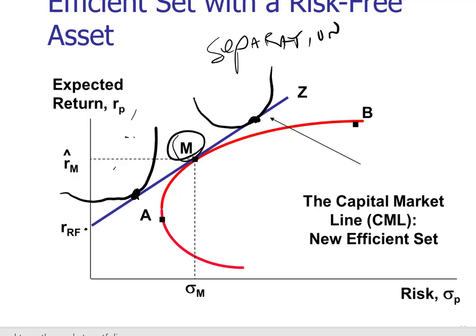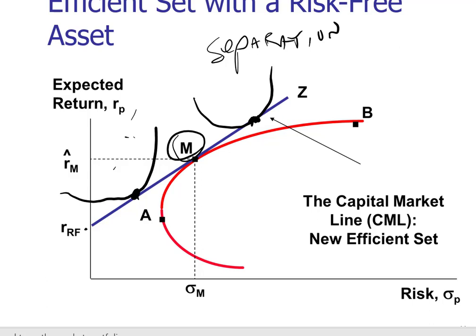And up here, you're going to borrow at the risk-free rate of return, take that money plus your investment money, and invest in M. So you only have two assets, risk-free and M. Which one you choose depends on your indifference curve.